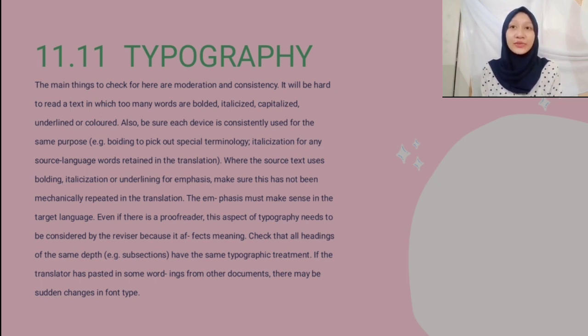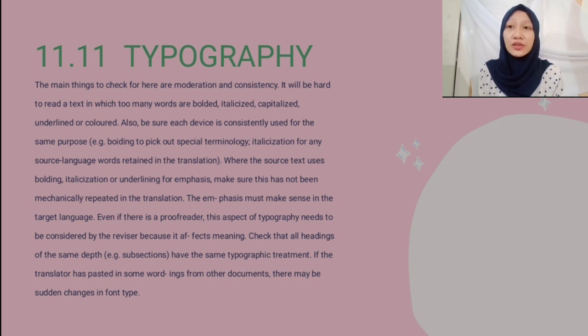The main things to check for here are moderation and consistency. It will be difficult to read a text with a large number of bolded, italicized, capitalized, underlined, or colored words. Also, make certain that each convention is used for the same purpose every time, so it is easy to pick out special terminology.